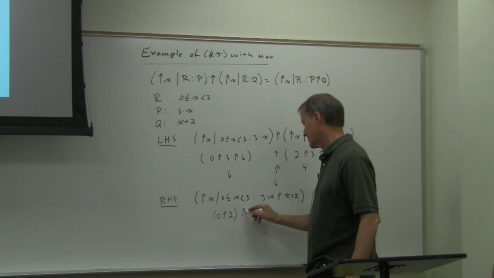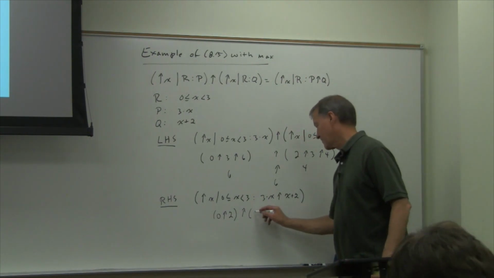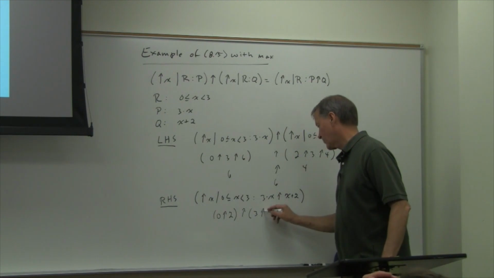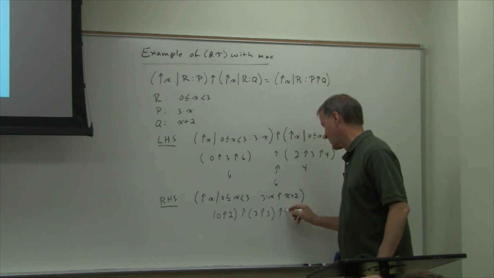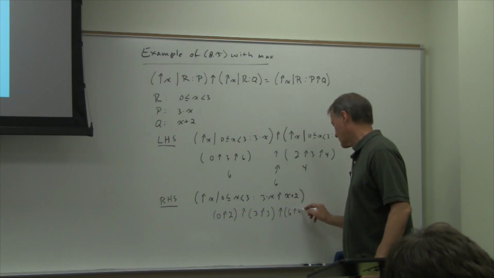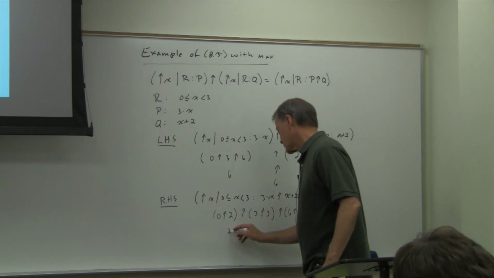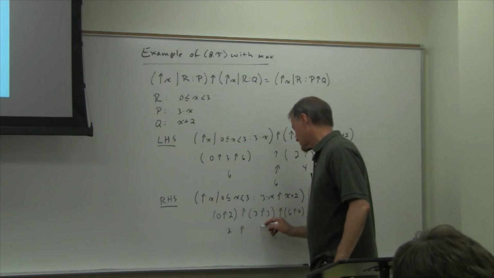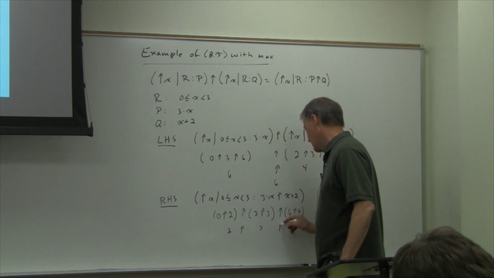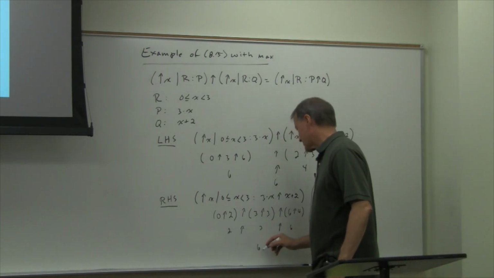Max, then what? 3 max 3. All right. And then max what? 6 max 4. Okay. Well, 0 max 2 is what? So this is 2 max 3 max 6, which is 6. It's the same thing.